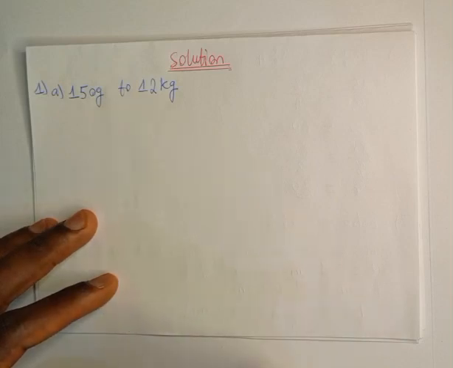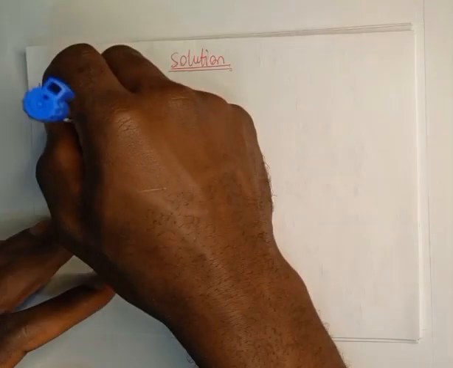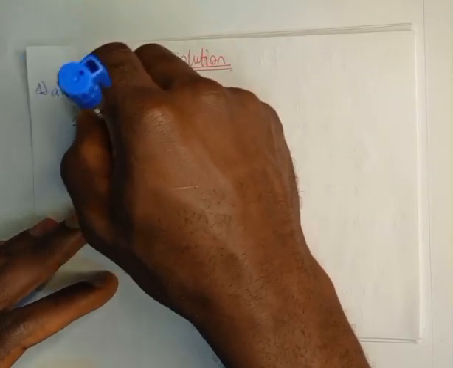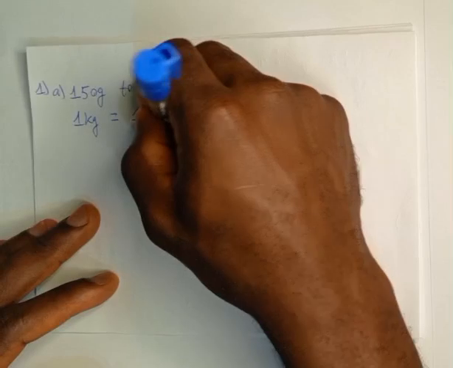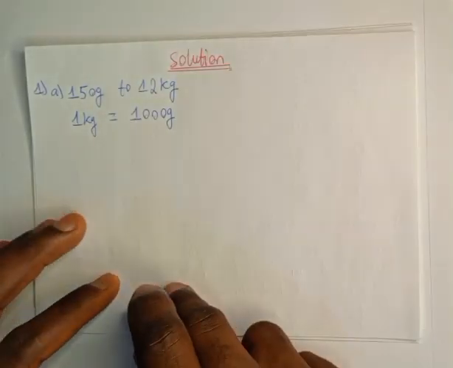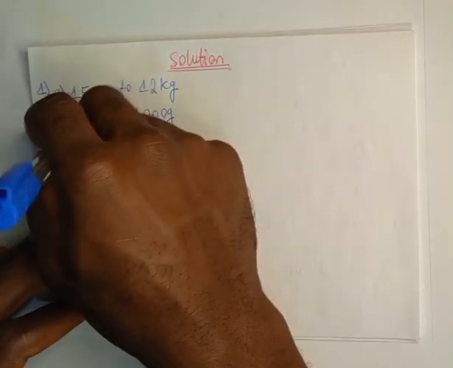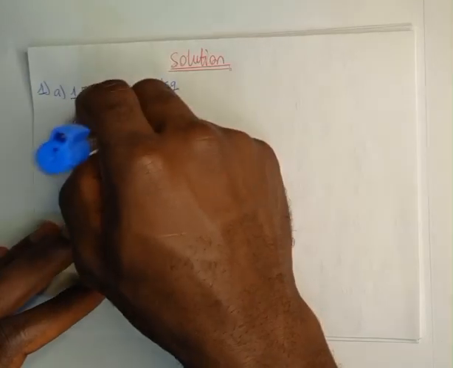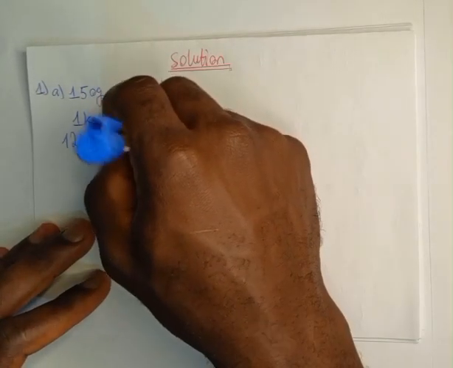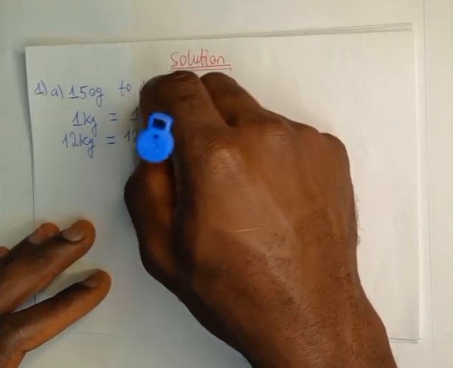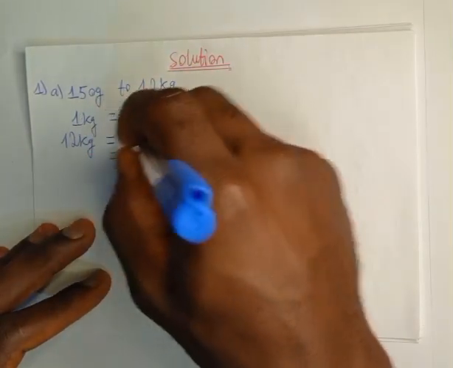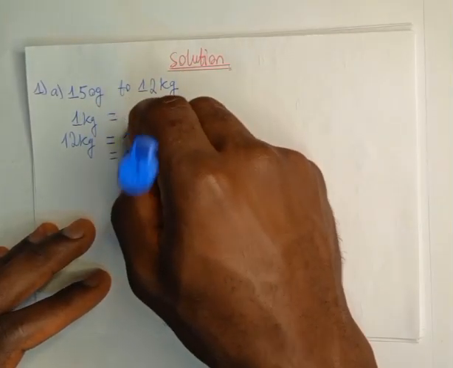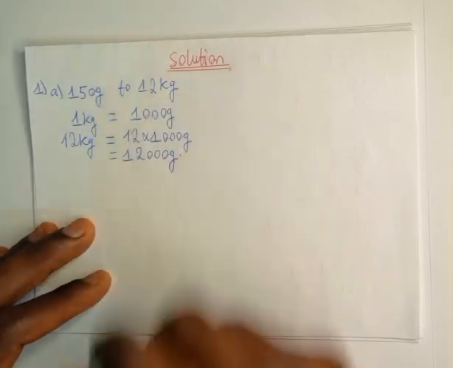It is very easy for us to change kilograms to grams. We know 1 kilogram is equal to 1000 grams. Therefore, 12 kilograms will simply be equal to 12 times 1000 grams, which is simply equal to 12,000 grams.